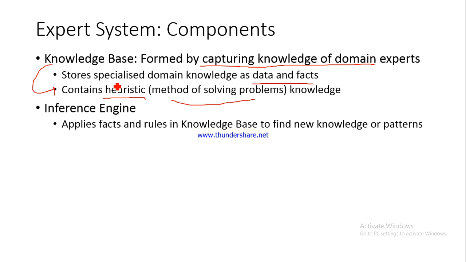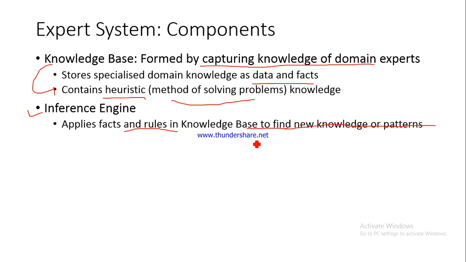Fine. Then we have got the inference engine, a very important component, and this was not there in the DSS or any other subsystem of MIS. It applies the facts and rules in the knowledge base. Whatever is available as facts and rules in the knowledge base, the inference engine applies it, and it looks for new knowledge or new patterns.